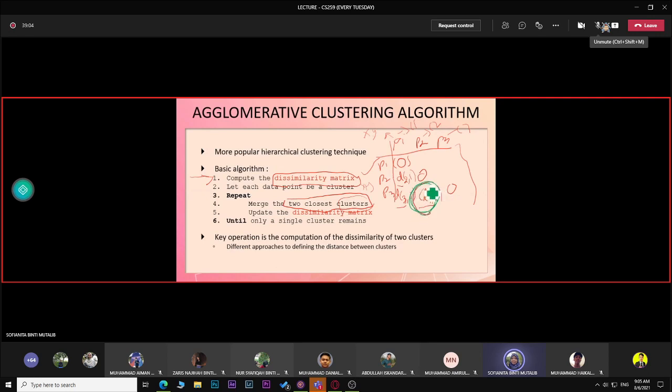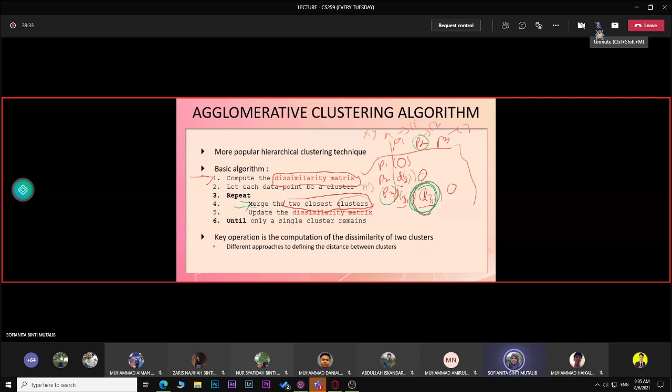That means the merging process involves combining, or putting, object 2 and object 3 into one cluster. Understand? That is the meaning of this second process. Can you understand?